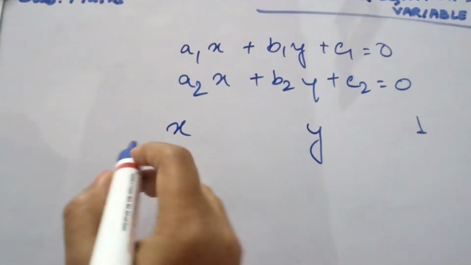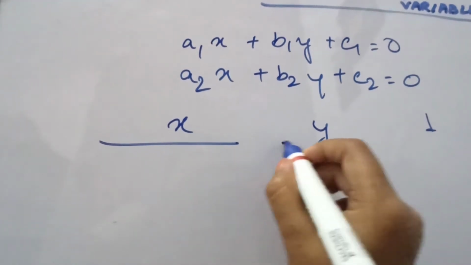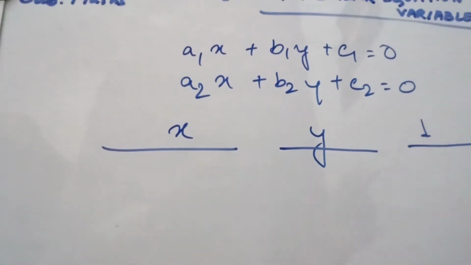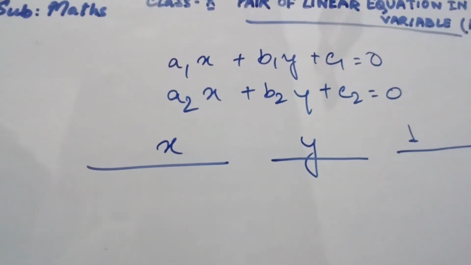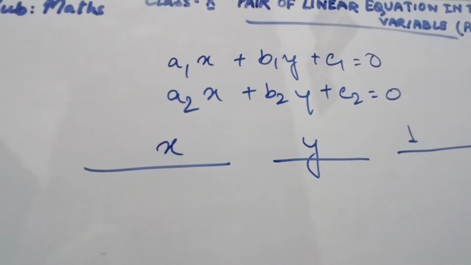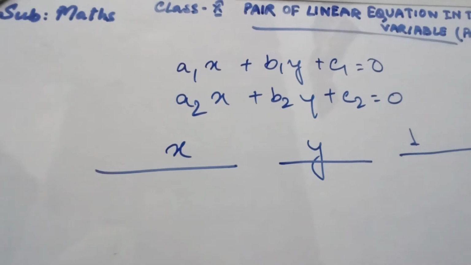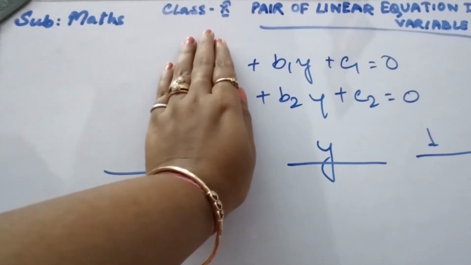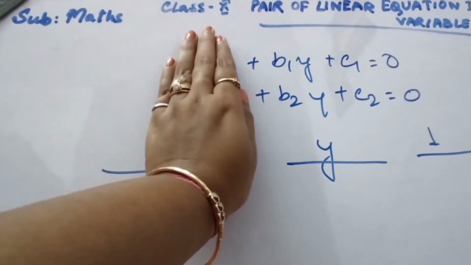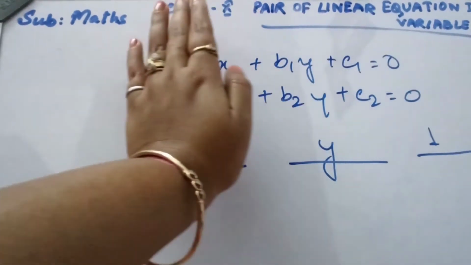Okay, and we will write it as numerator. Okay, and next step will be we will cover this x part. Okay, we'll cover this x part and we'll focus on the rest of the part.